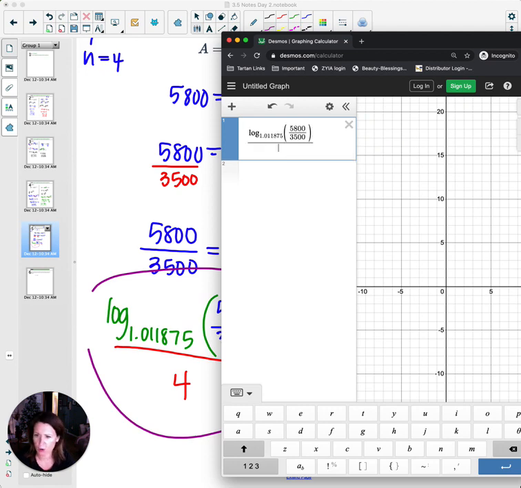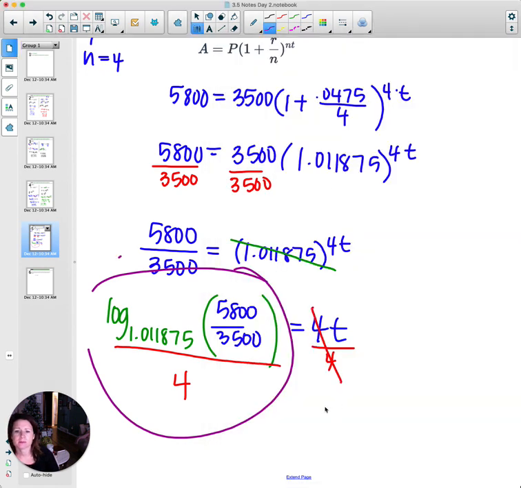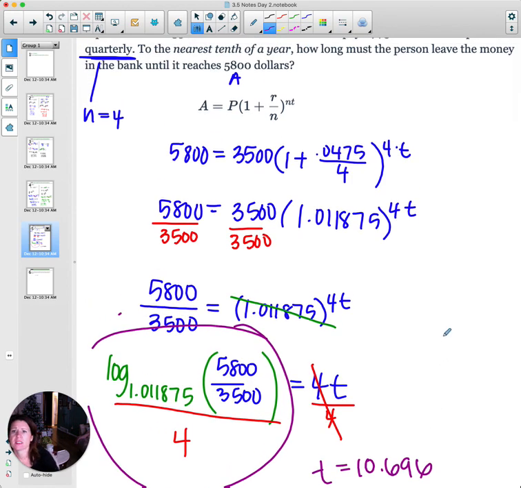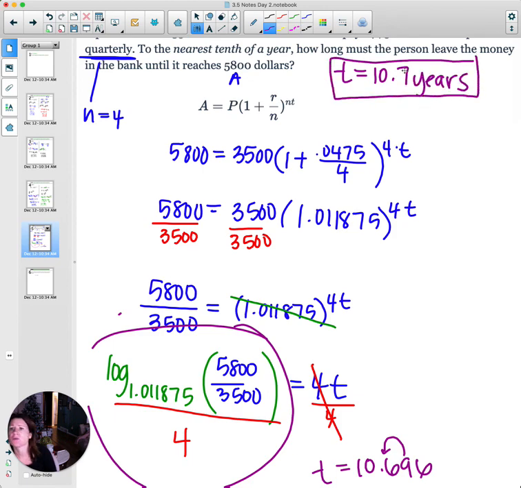And then you have that whole thing divided by 4. So 10.696. And then we'll see what the problem asked. So the problem said to the nearest tenth of a year. So then we'll take this 9 and round the 7 up. So the answer to this is 10.7 years to the nearest tenth of a year that it would take to reach $5,800.